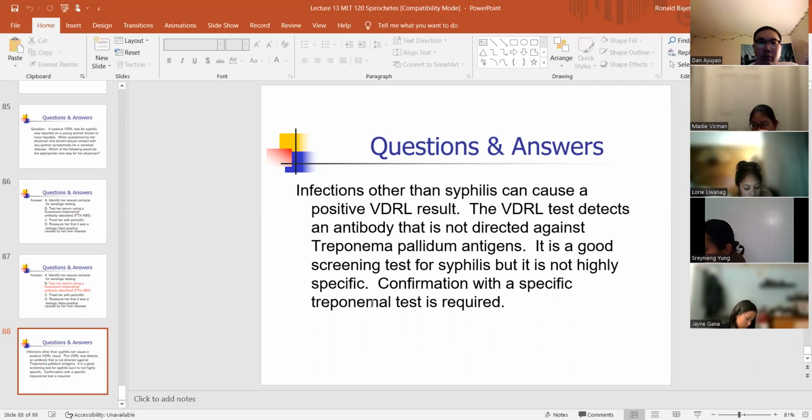That's why, when you have a positive RPR, you always want to do the confirmatory tests, the FTA-ABS or the MHA-TP. All right, are there any other questions? Are there any questions? All right, no questions.